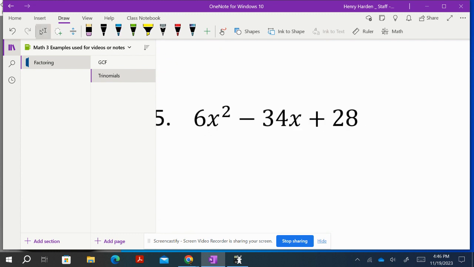kind of putting it together with what the last video was on, which is GCF. So if I have a trinomial, but I do have a number in front, what I would always do is check to see, can we divide to make these a little bit smaller?